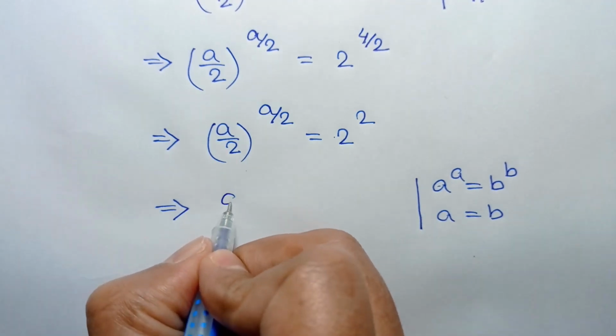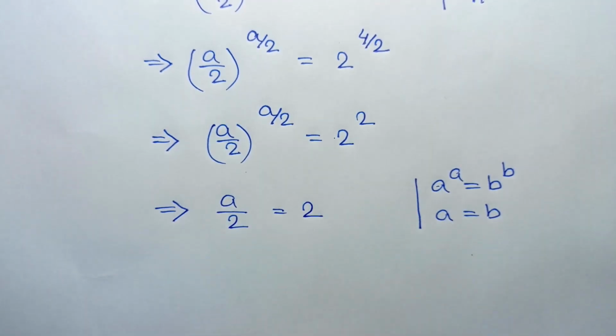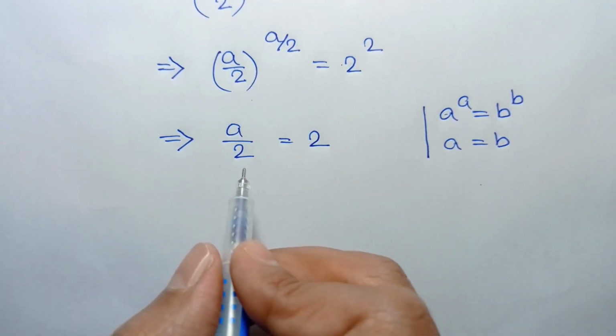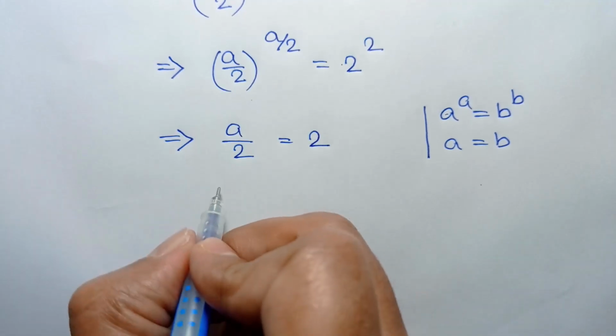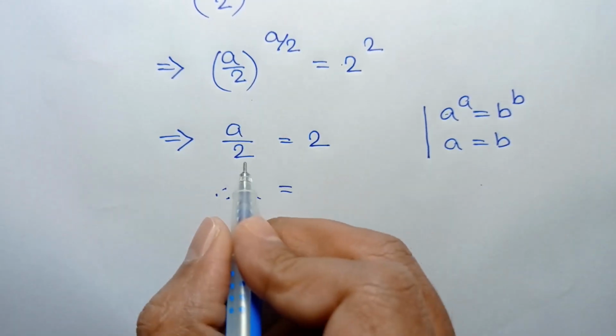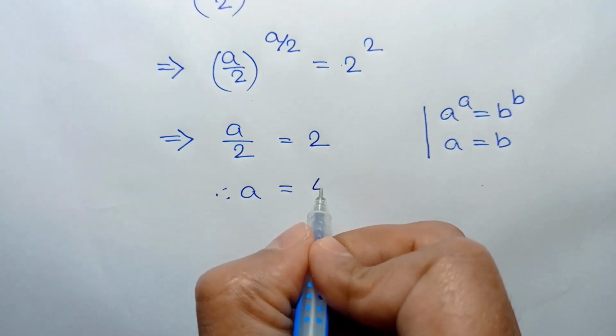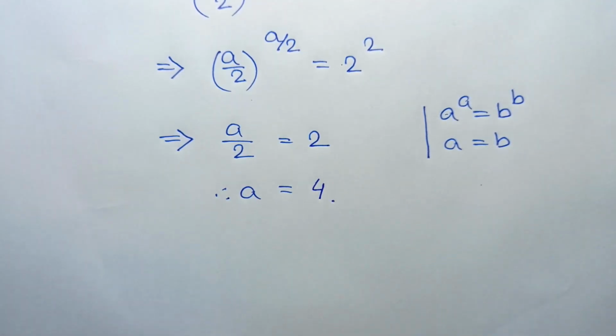So we can write a over 2 is equal to 2. Now multiplying both sides by 2, we can write the value of a is equal to 2 times 2, which is 4. So this is the value of a.